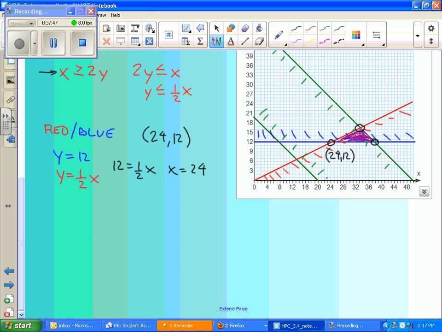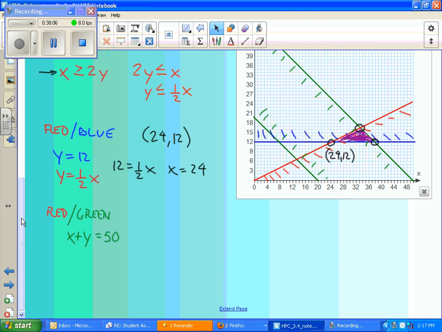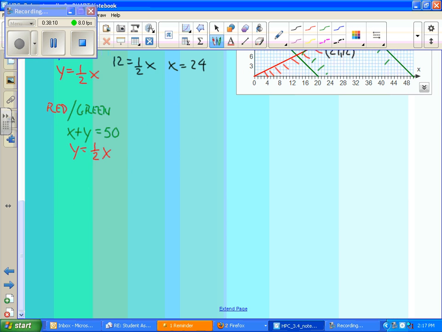Let's go check out red and green. So what's going on with red and green? We've got green, which is x plus y equals 50, and then we have red, which is y equals 1/2 x.